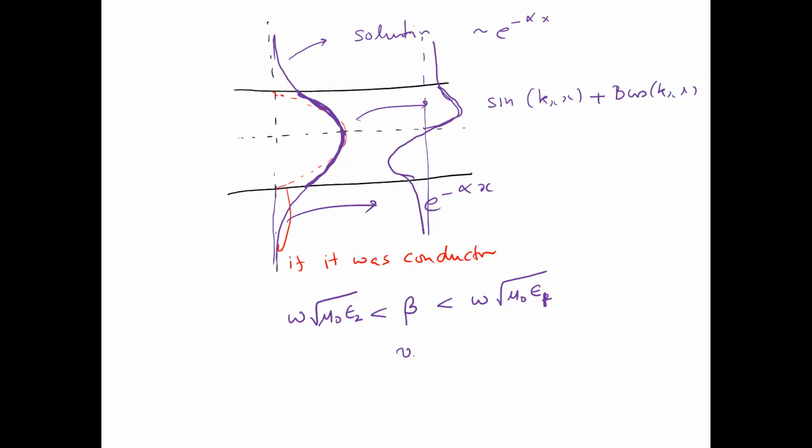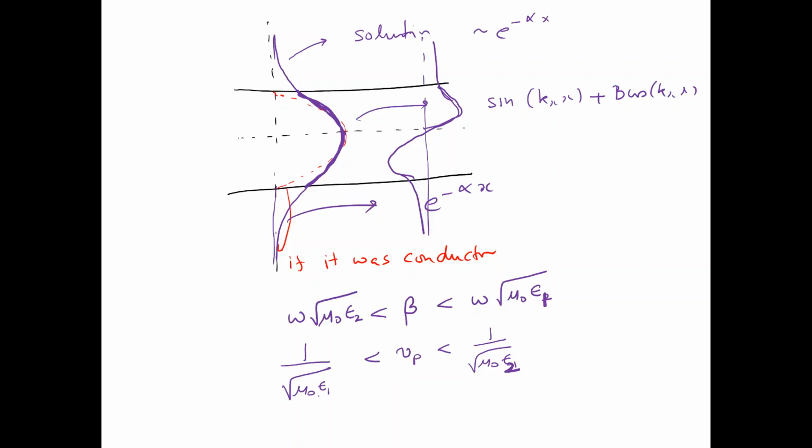Or if I was plotting, the VP is going to be smaller than 1 by square root of mu naught epsilon 2, but greater than 1 by square root of mu naught epsilon 1.